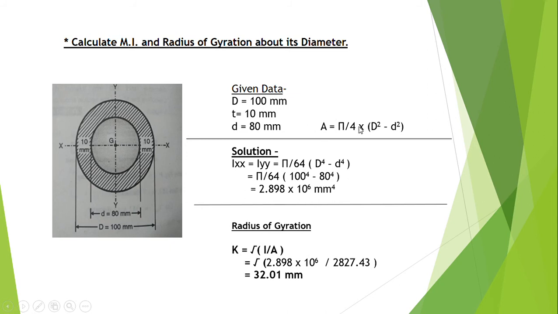The formula for the area of a circle is pi by 4 into d raised to 2. So for the area of this section, we subtract the smaller circle from the larger circle. So pi by 4 in bracket capital D raised to 2 minus small d raised to 2. By putting the values, we get the answer of A, and the final answer will be 32.01 mm.